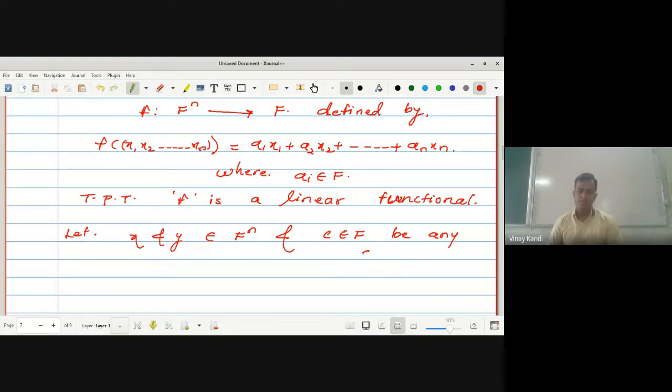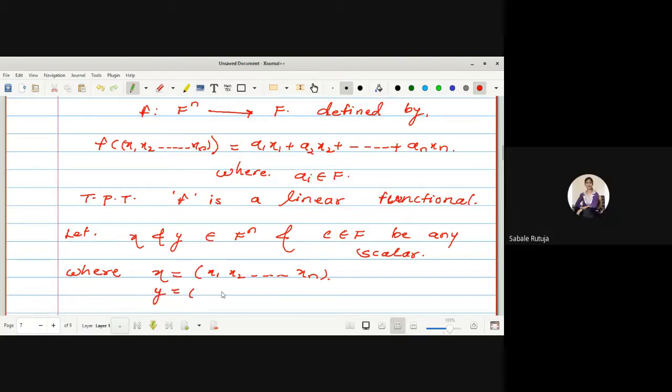These are the two vectors and c is any scalar. What is the form of x? x is equal to x1, x2, up to xn. What is the form of y? y1, y2, up to yn.